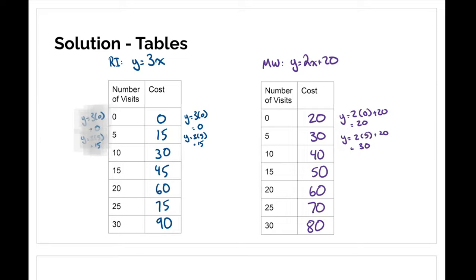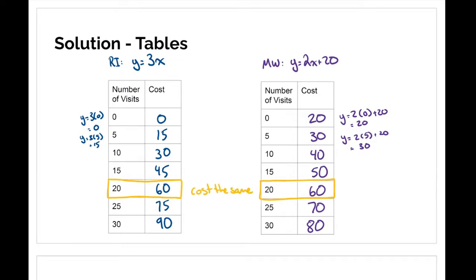Move this to the other side. Looking at these two tables, we can see when one is cheaper than the other. So in this case, we should again recognize that they share the same values at a specific point. On our table, they cost the same at 20 visits, or I guess visits instead of rides.